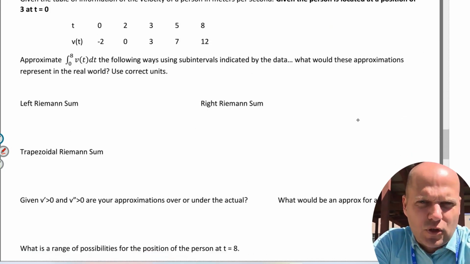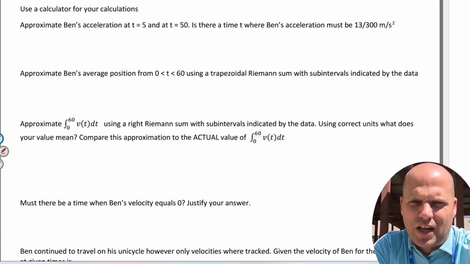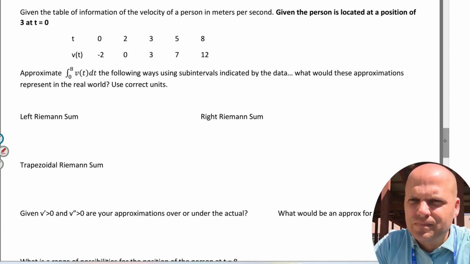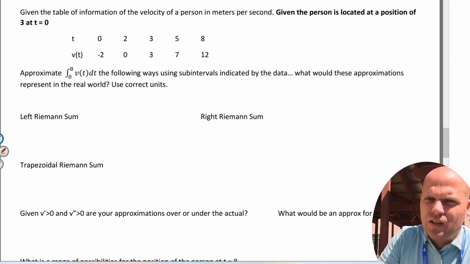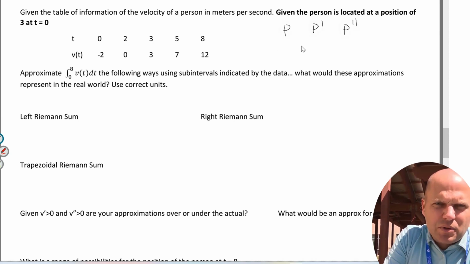All right, we're going to finish up with 2 free response questions, 2 velocity questions where I'm given a table of velocities. So here we go. P prime, P double prime: position, velocity, acceleration, which is the derivative of velocity.